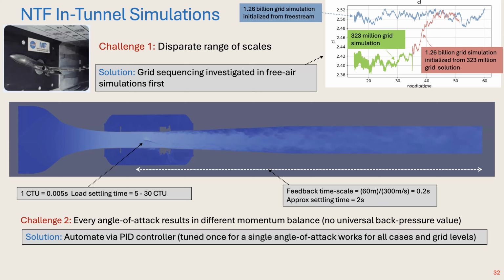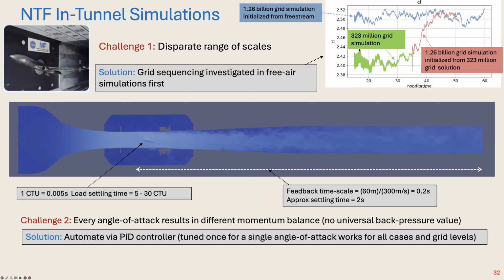So in order to do that, we decided to use grid sequencing. First, we applied that in the free air case, with 1.26 billion grid points. We ran the free air case from free stream initialization. That's the blue color here in the CL plot.